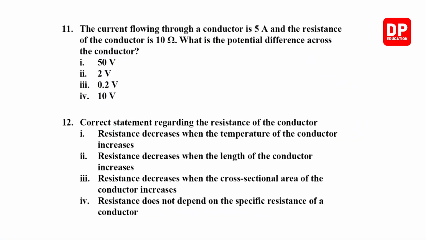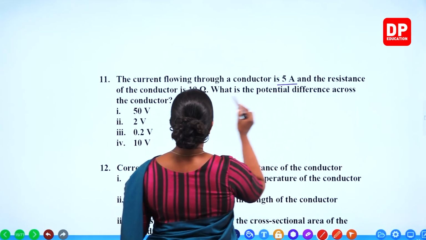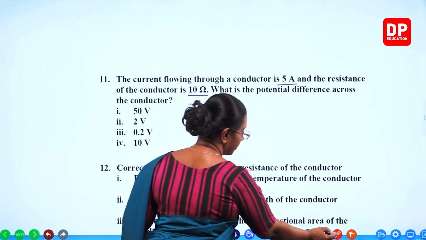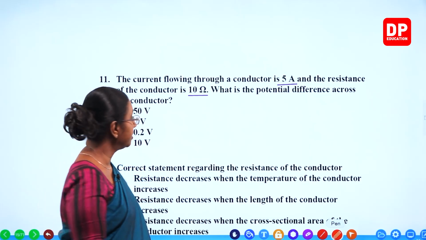Question number 11. The current flowing through a conductor is 5 amperes and the resistance of the conductor is 10 ohms. What is the potential difference across the conductor? So the values given to us are 5 amperes and 10 ohms. What is the equation? We need to find the potential difference.